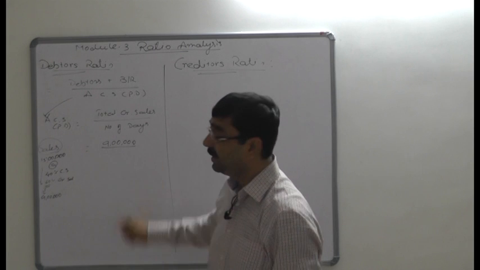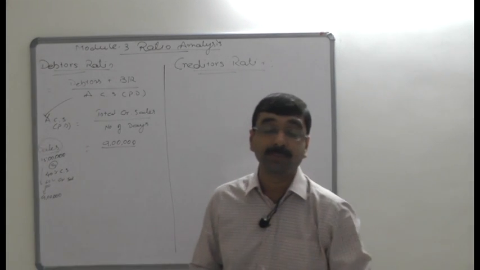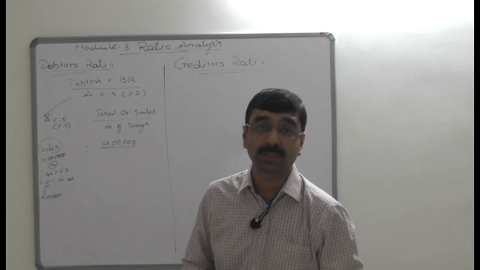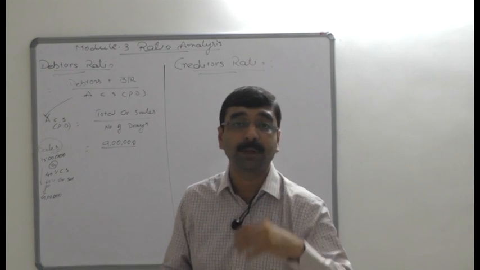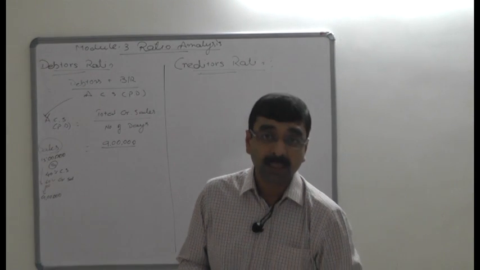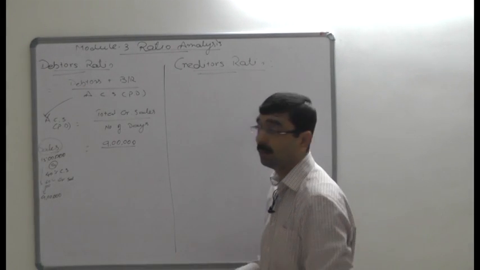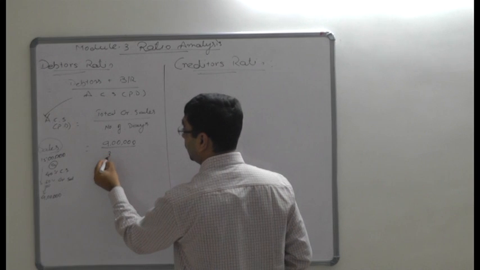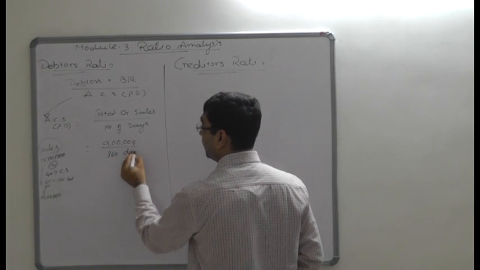Another piece of information we need is the number of days in a year, because generally we find the turnover ratios on a per annum basis. So see the question after the balance sheet, there is one piece of information that the number of days for the calculation is taken as 360 days.